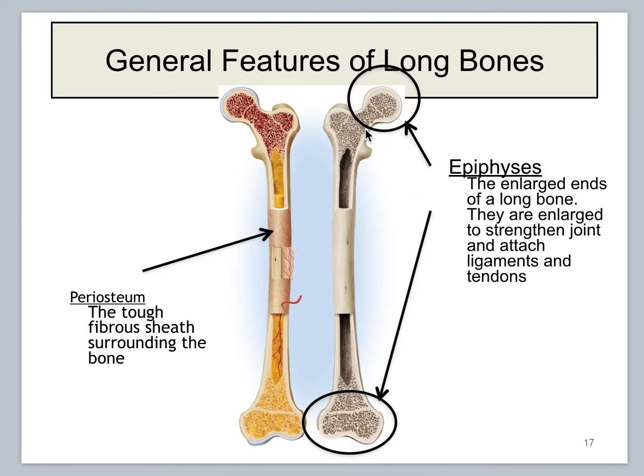In a long bone, both ends, the superior end and the inferior end, have an enlargement compared to the middle, or the diaphysis, of the bone. These large areas are where the bones articulate with other bones, or where muscles are attached to the bones.